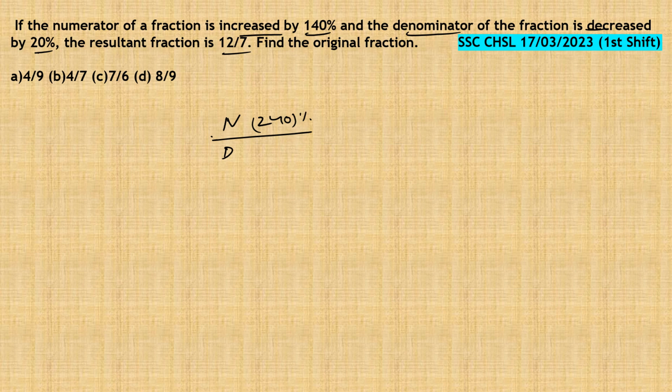The denominator is decreased by 20%, 100 minus 20, 80% of itself. You can cancel the percentage, and what we got? 12 by 7. 8 1s are 8, 3s are 24, 3 4s are 12. That is numerator by denominator is equal to 4 by 7. That is option number B.